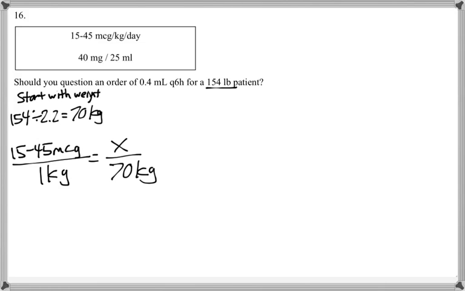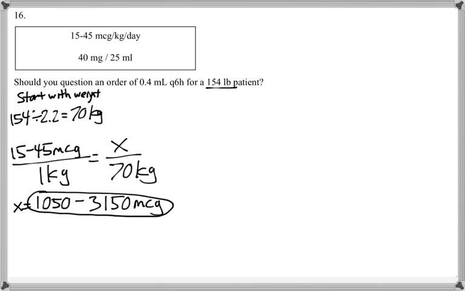If I run through the proportion, then I'm going to get 1,050 to 3,150 micrograms. So this is the safe day range in micrograms.